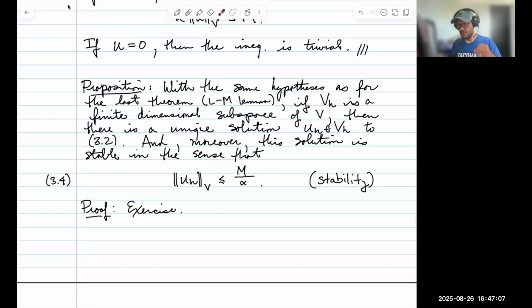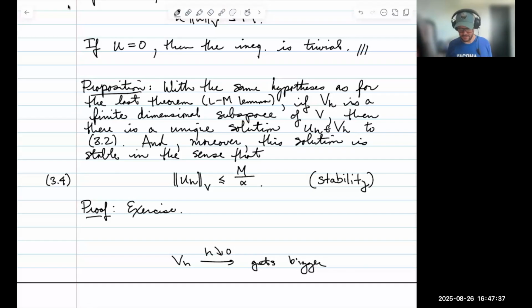If I make h smaller and smaller, then the dimension of this space becomes larger and larger. As h gets smaller, VH gets bigger. It grows.